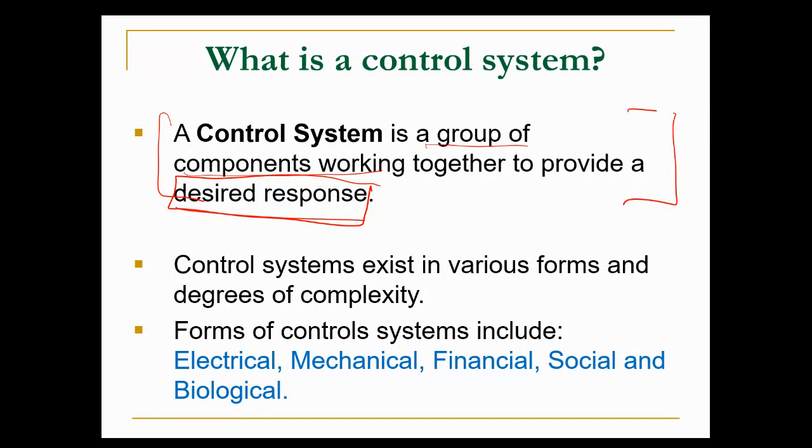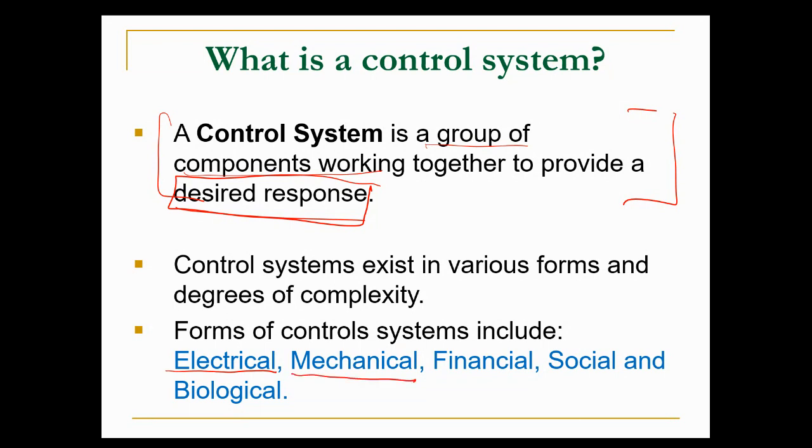Now, having said that, let us look at some areas where we find control systems. Control systems are found in numerous forms and areas, and they come in different degrees of complexity. Let us start with what may appeal to you first, electrical. In the field of electrical engineering, we have control systems. We also have control systems in the field of mechanical engineering.